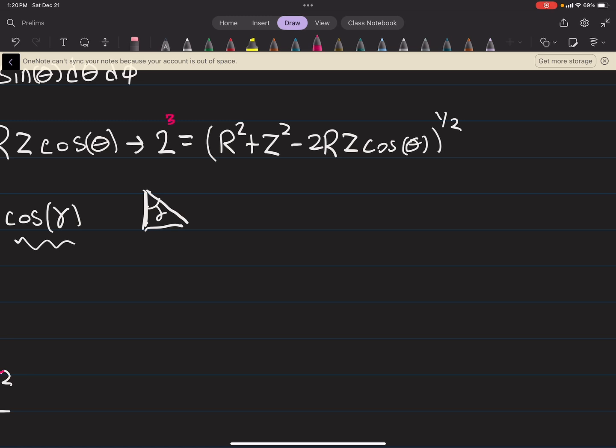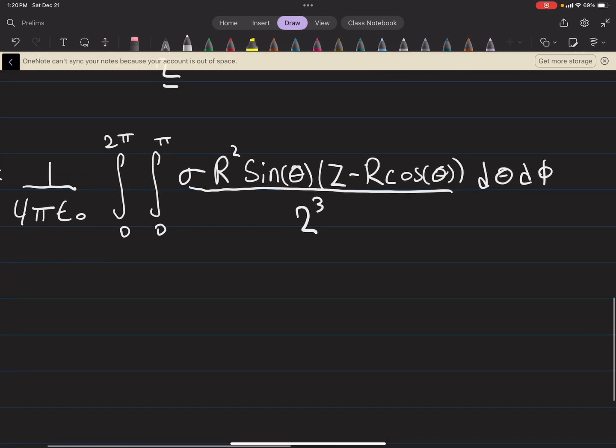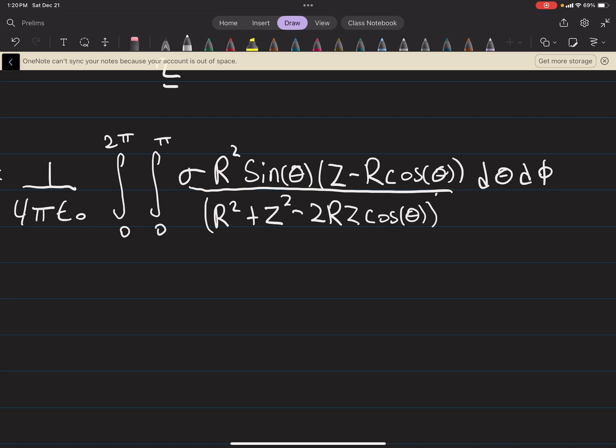Because if we want the third power, then this is just going to be to the 3/2, like that. So with that in mind, I'm going to come down here, and instead of putting that, I'm going to put r squared plus z squared minus 2rz cosine theta all to the power 3/2.